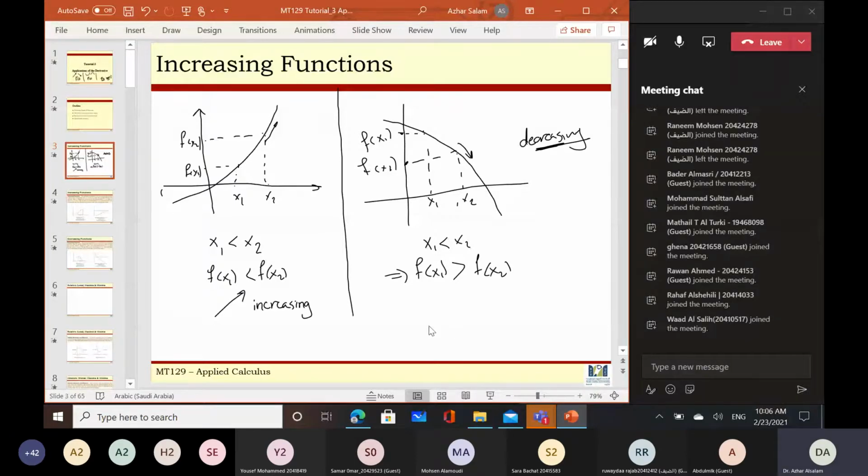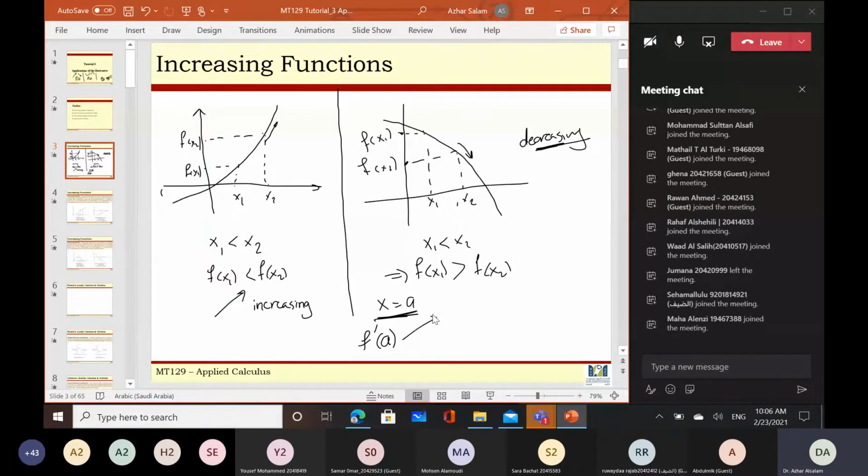How do I know that the function is increasing or decreasing at a certain point? Let's say x equals a. I make the first derivative test, f dash of a. If it was positive, then the function is increasing at this point.